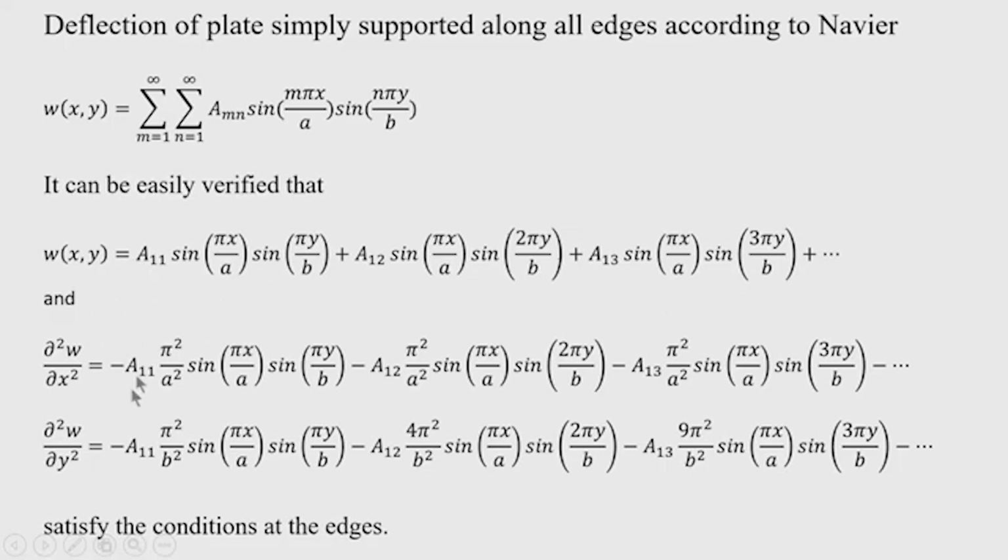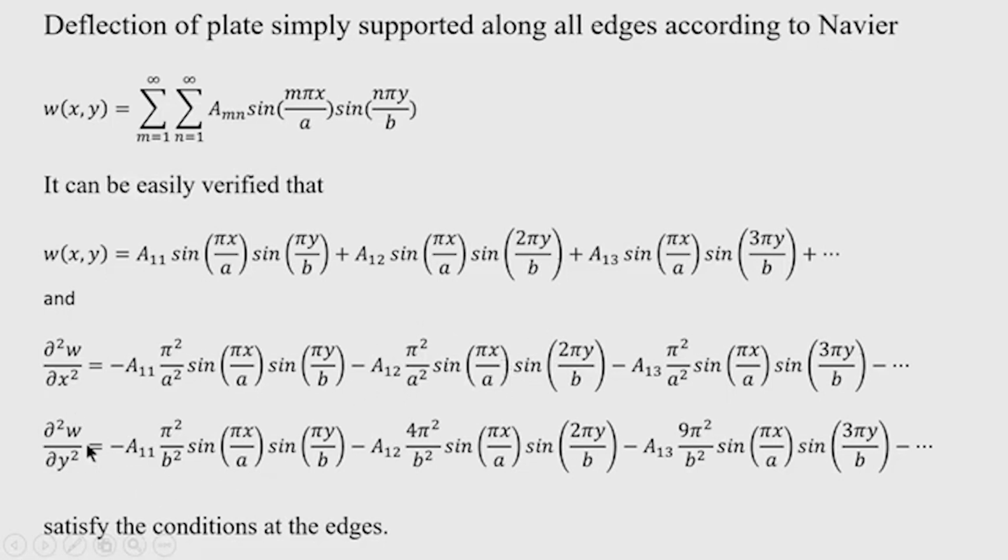So, if you take the second derivative of this, which we require to calculate the bending moment also, if the deflection is completely known, then after taking the second derivative with respect to x, you will get minus A_11 pi square by a square sin pi x by a sin pi y by b. Similarly, here you will get minus A_12 pi square by a square sin pi x by a sin 2 pi y by b, like that, because we are taking this derivative with respect to x.